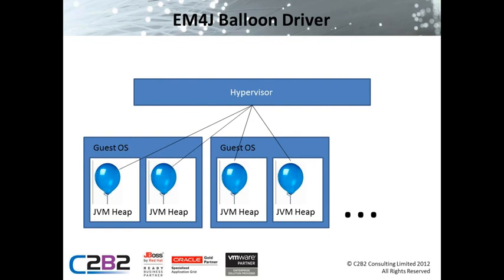And what it does is it talks to the hypervisor about its memory allocation. If the hypervisor needs to share some unused memory out of the JVM, what the balloon memory does is it allocates a big block of memory within Java.